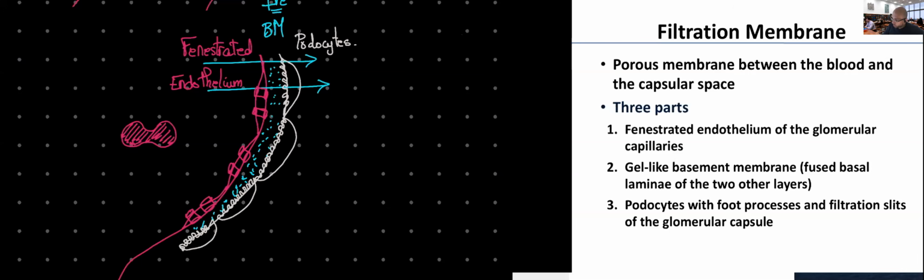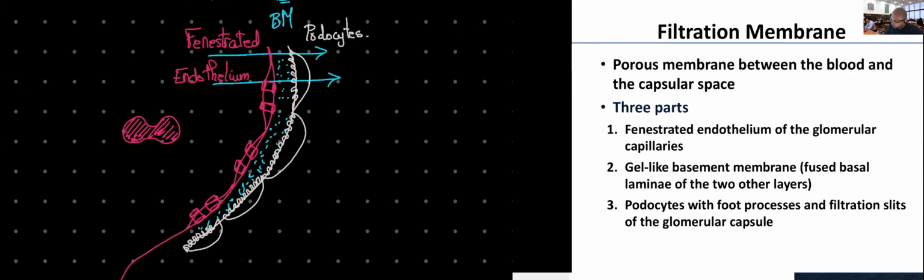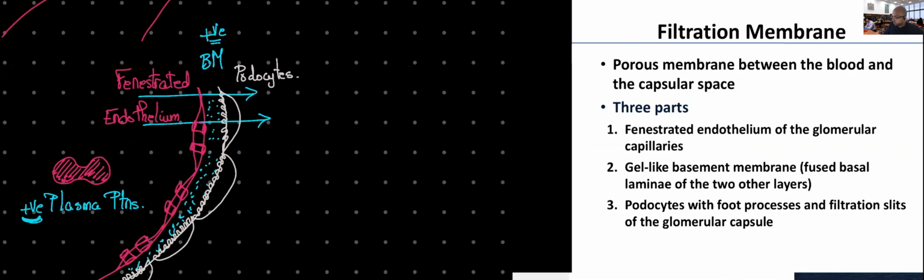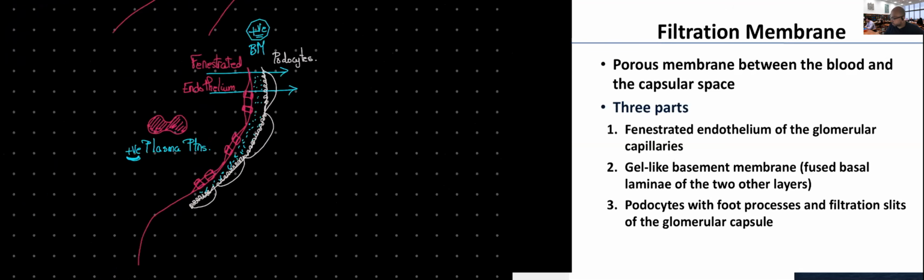Another thing that won't get filtered are the positively charged plasma proteins. Plasma proteins are positively charged like the basement membrane. Basement membrane is also positively charged. So what would I have between the plasma proteins and the basement membrane?